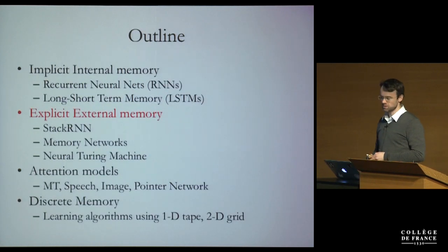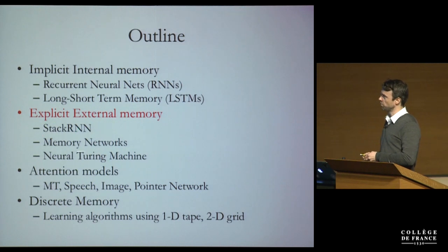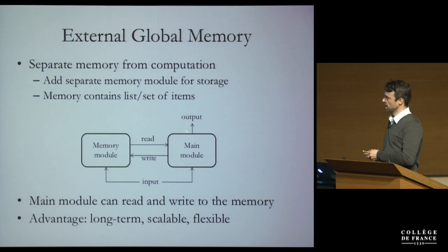Okay, so now the main meat of this is going to be going through these three different approaches to adding external memory. The basic point is to have your existing model, which will be something like an RNN or an LSTM, but now you're going to have an external memory module, okay? And the controller, as it is sometimes called, is going to be able to read and write from that memory module.